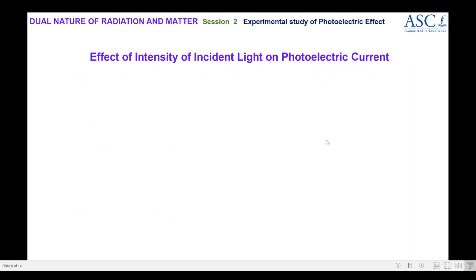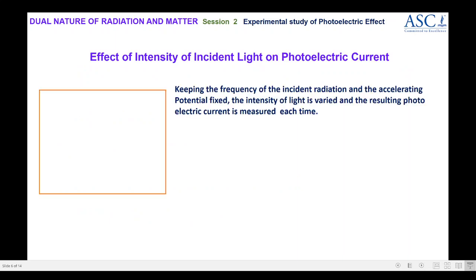Now for the first observation, which is the effect of intensity of the incident light on photoelectric current.